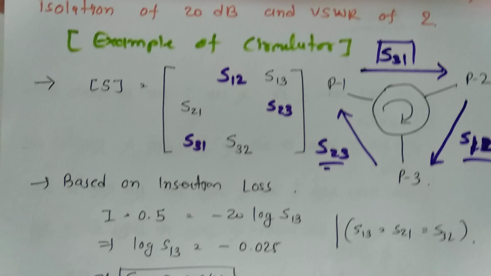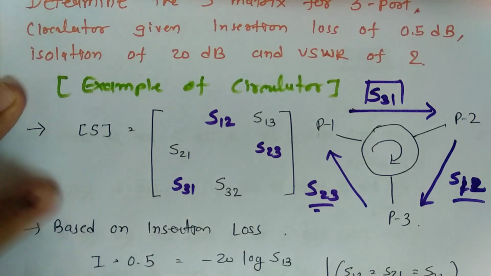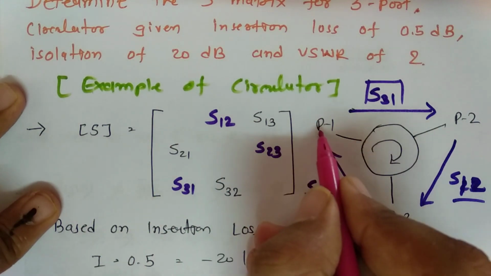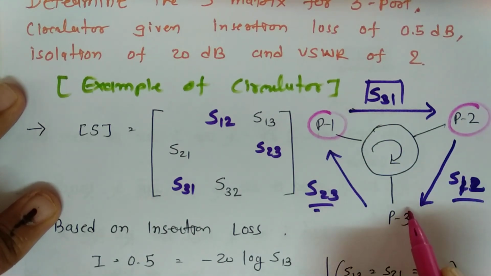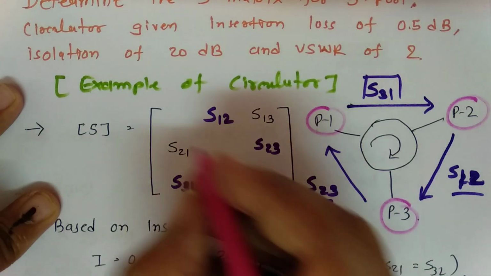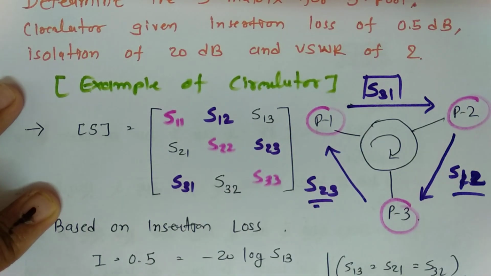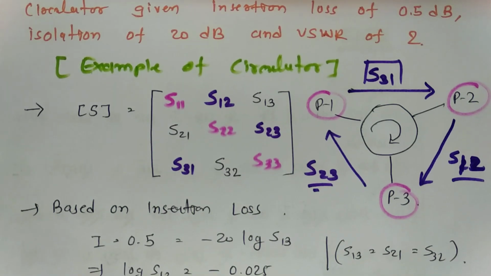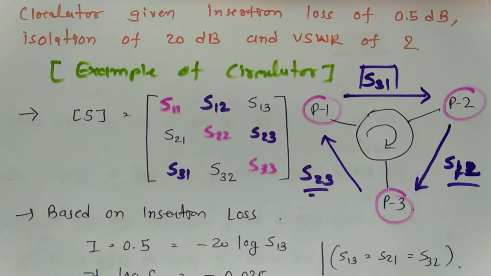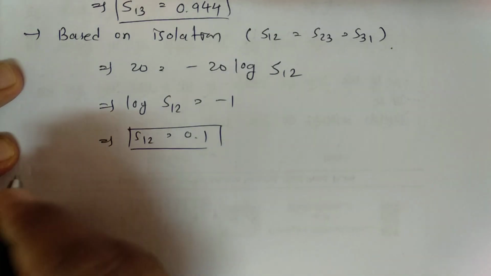And here VSWR will explain how much return loss is happening. Return loss can be calculated by input at port 1, output at port 1, input at port 2, output at port 2, and input at port 3, output at port 3, means S11, S22 and S33. That is what we can calculate based on VSWR. The reflection coefficient will be a scattering parameter.